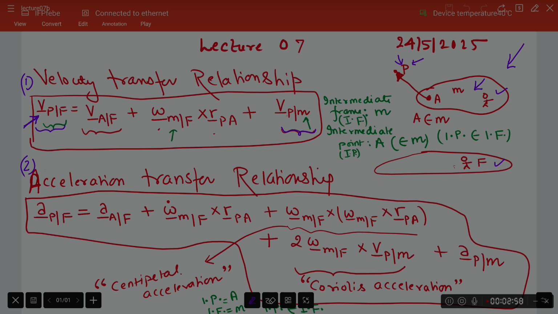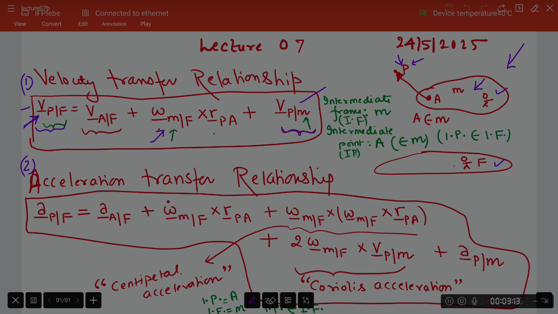Now this relationship between VPF on one side and VPM on the other side involves a few more quantities.